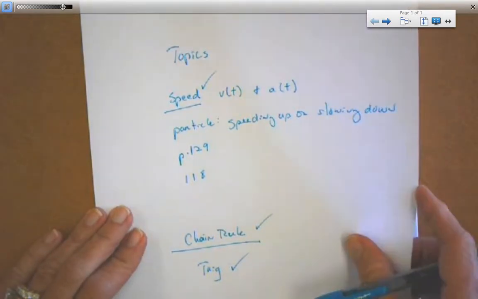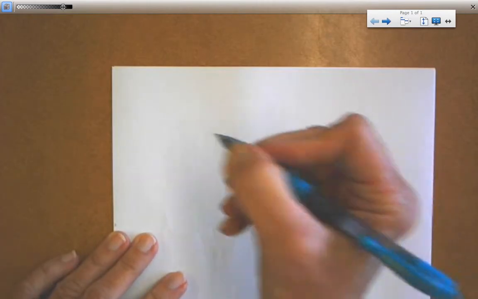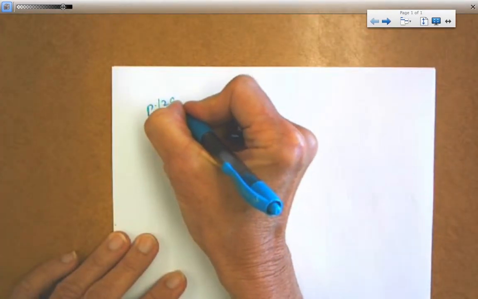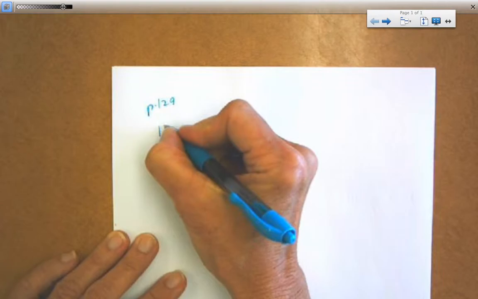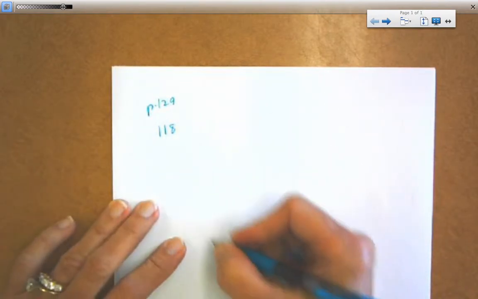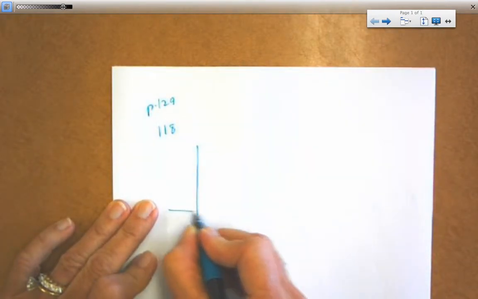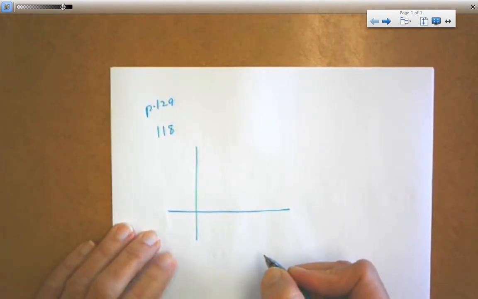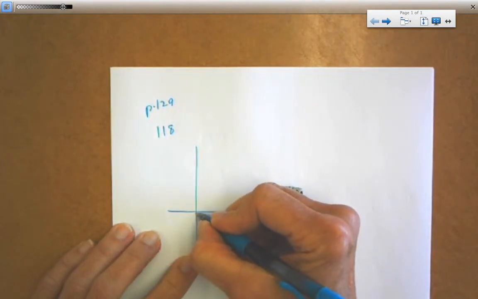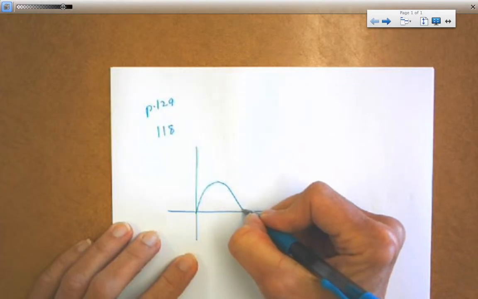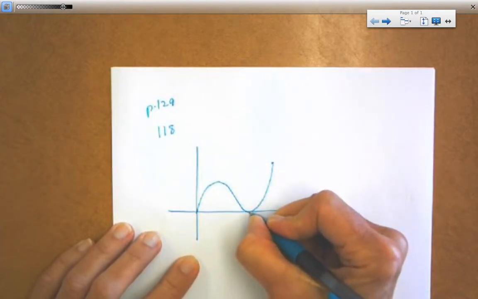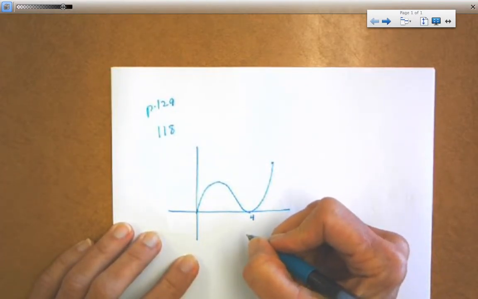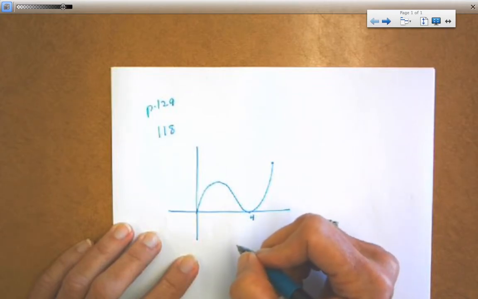So go ahead and get your book and turn in your book to page 129, number 118, and read that problem to yourself. I'm going to sketch a basic graph of this. And you may want to sketch one in your notes also.